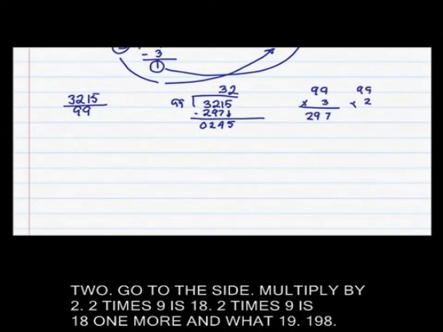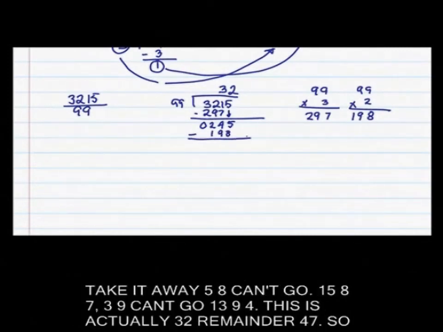Multiply by 2. 2 times 9 is 18, 2 times 9 is 18, plus 1 is 19. 198. Take it away. 5, 8 can't go. 15 minus 8 is 7. 3, 9 can't go. 13 minus 9 is 4. This is actually 32 remainder 47.